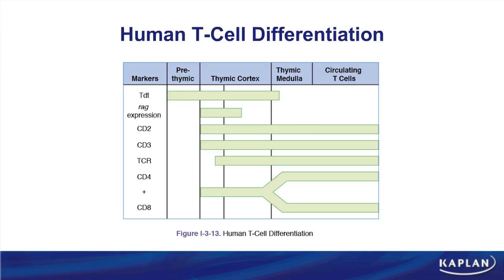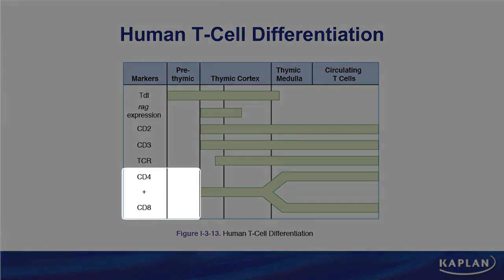This particular figure outlines the different stages of T cell development, as well as looking at the markers associated with the various stages. Recall that we have our cells that have exited the bone marrow and are traveling to the thymus. These again are referred to as prethymic, or remember, we can also call them double negative, as they do not express on their surface CD4 or CD8.